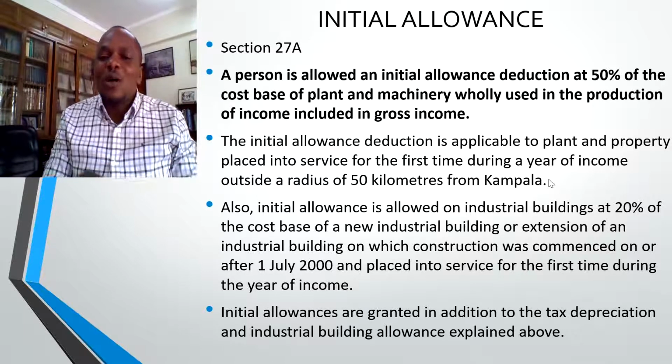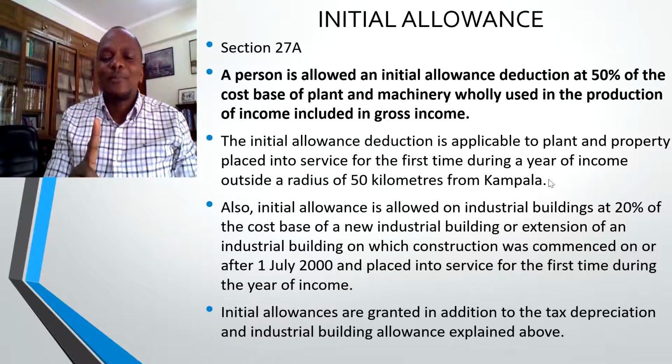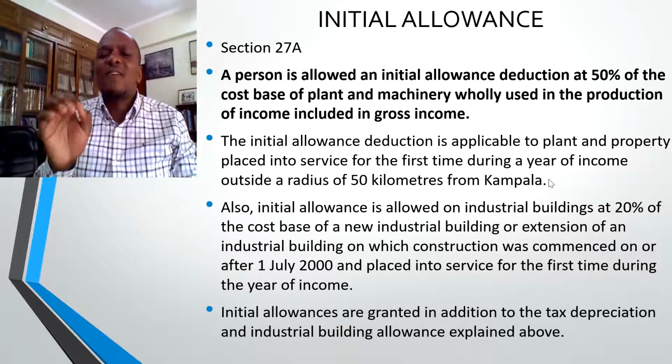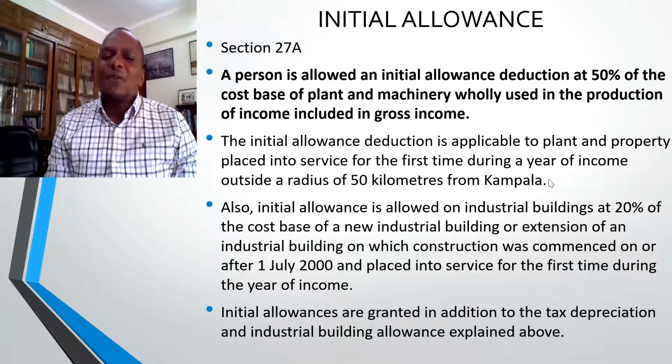So please note. This initial allowance deduction is applicable to plant and machinery placed into service for the first time during a year of income in a radius of 50 kilometers from Kampala.